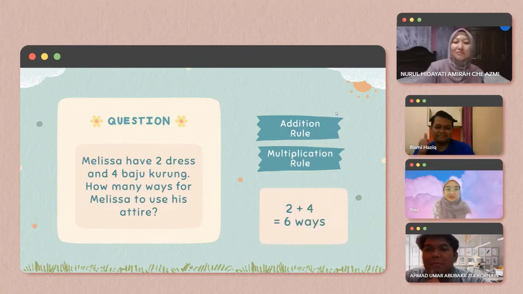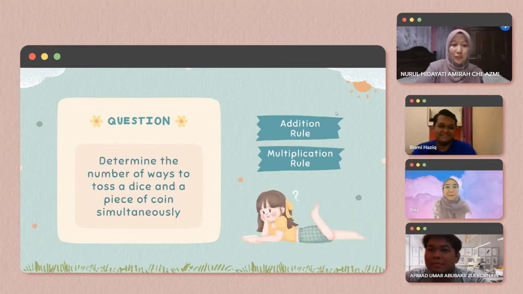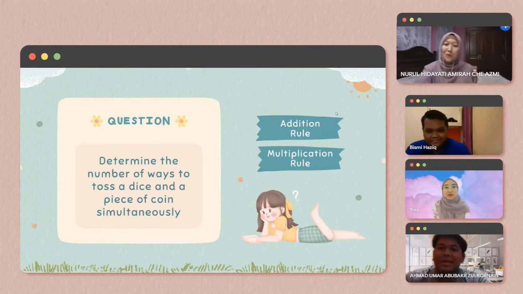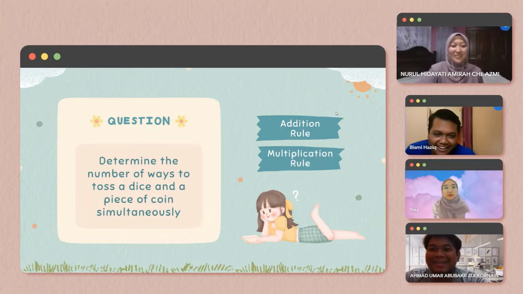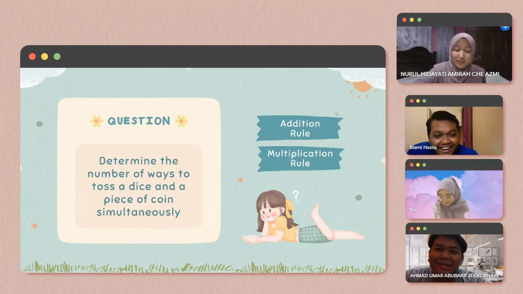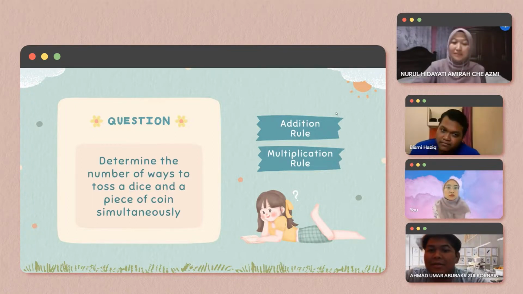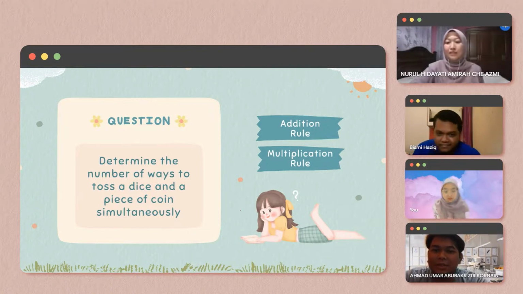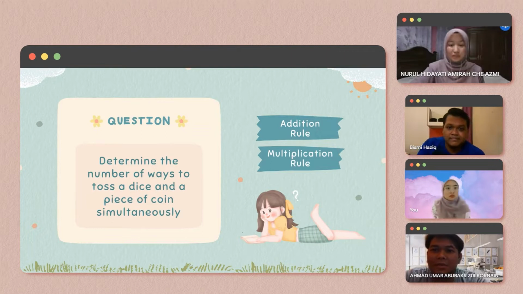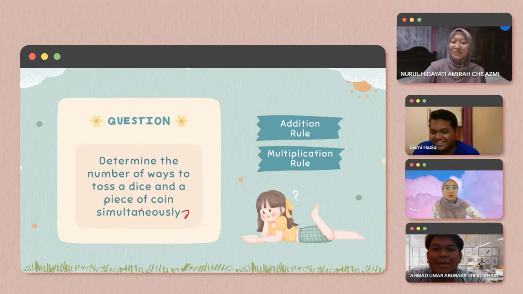The last question. Determine the number of ways to toss a dice and a coin simultaneously. What rule do we apply here? I think the multiplication rule. Okay, good. How can we solve this question?